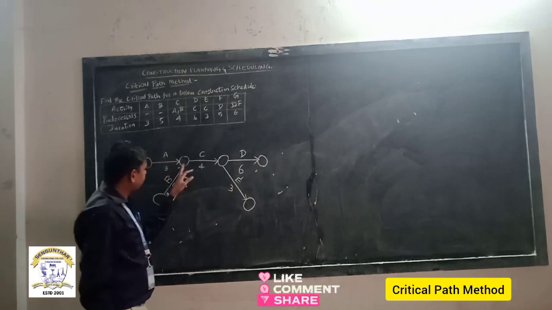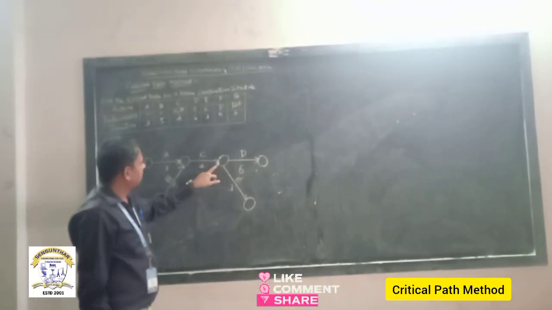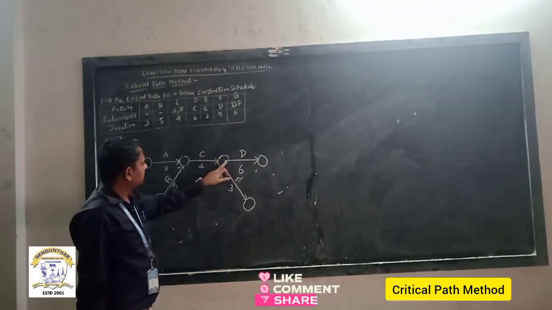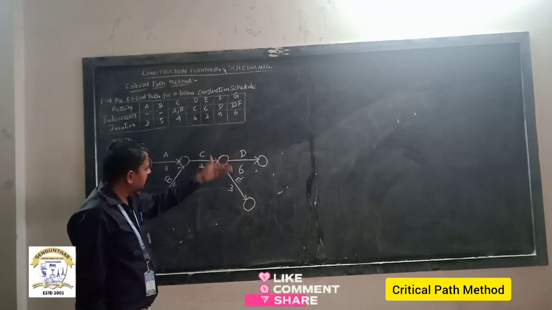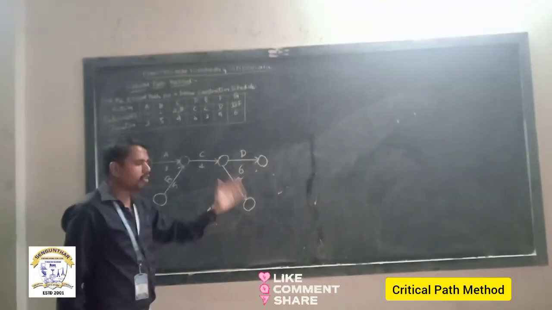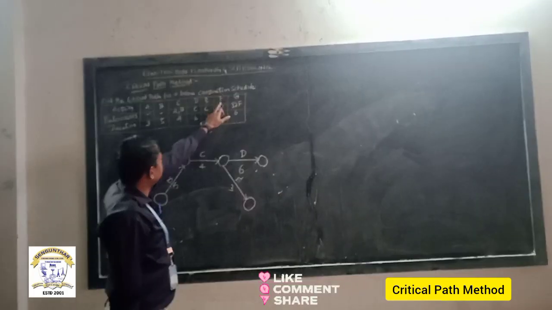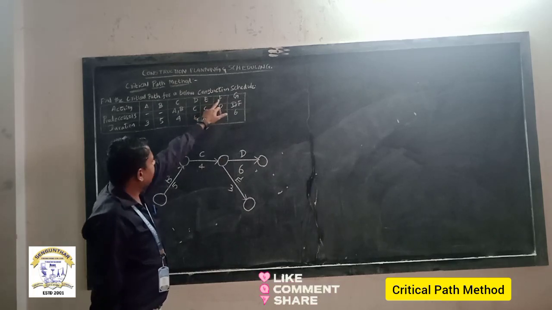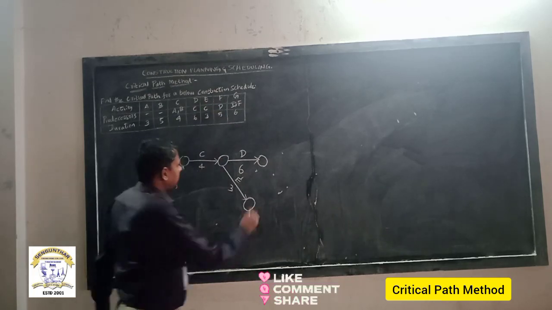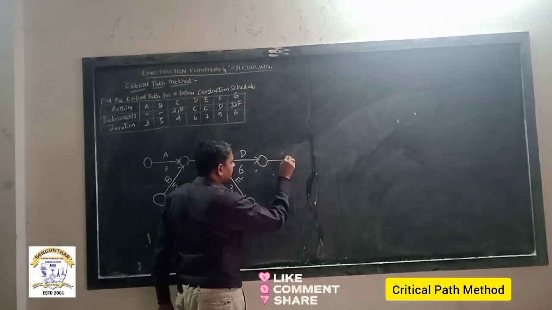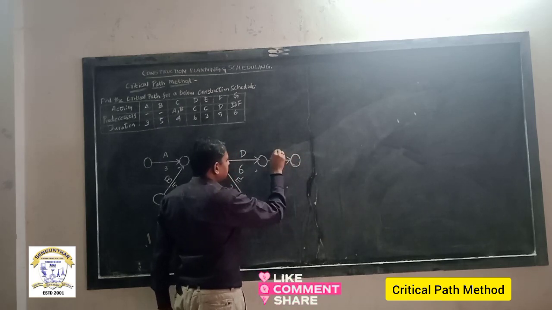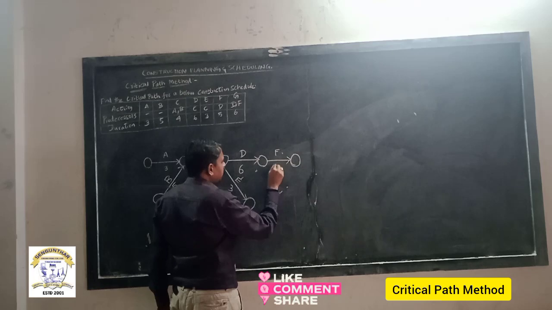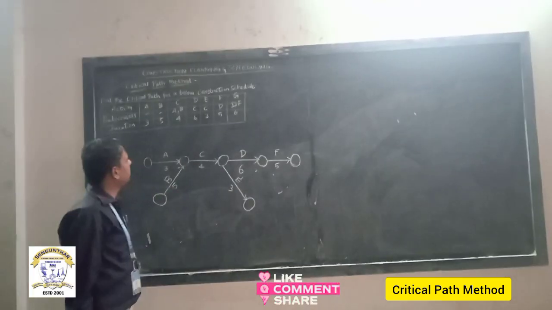That means after completing C activity, at one stage the D activity is initiated, and at the same time activity E is also initiated. Right. Next activity F. For activity F, D is the preceding activity. That means after completing D, activity F will be initiated. For F activity, 5 is the duration.